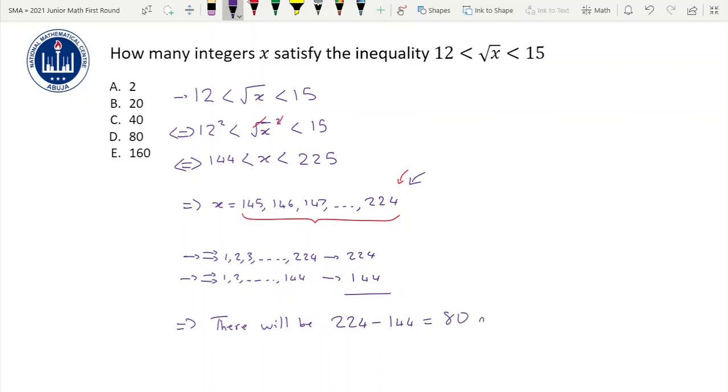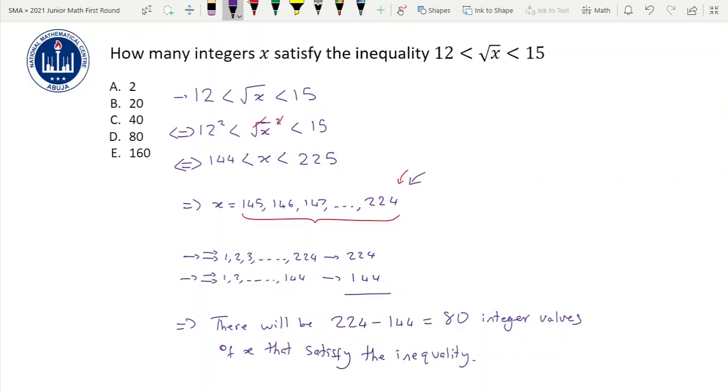So there'll be 80 numbers, or there'll be 80 integer values of x that satisfy the inequality.